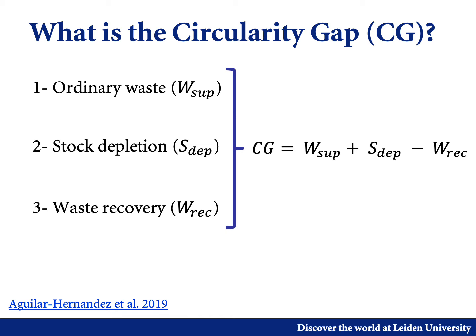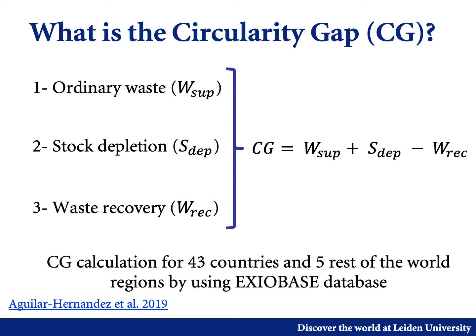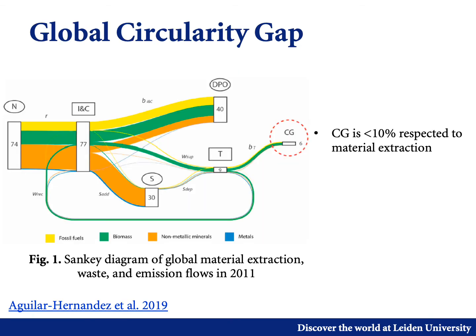We calculated the circularity gap of 48 countries and regions worldwide by using the multi-regional input-output tables from EXIOBASE. Looking at the global material inflows and outflows, we can see that the global circularity gap represented less than 10% of the global material extraction.